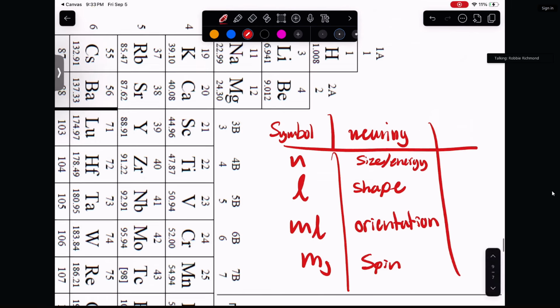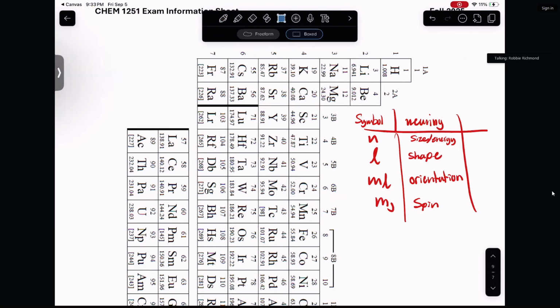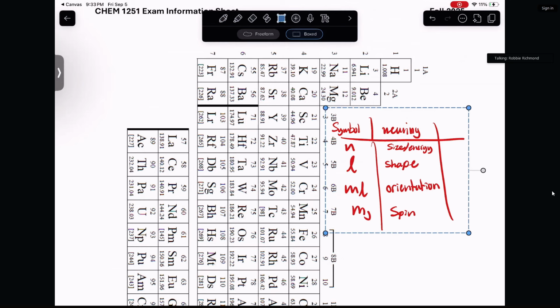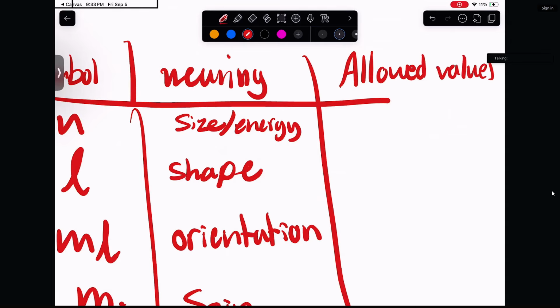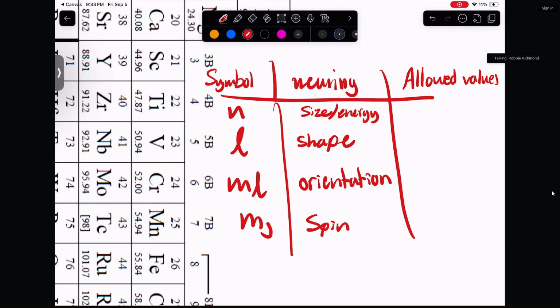And then after that, I would also recommend adding allowed values. For n, it's going to be anything from 0 to infinity. We never really deal with 0, so for the purposes of Gen Chem 1, you're going to see n always going to be 1 to infinity, but you can have an n of 0 to infinity.